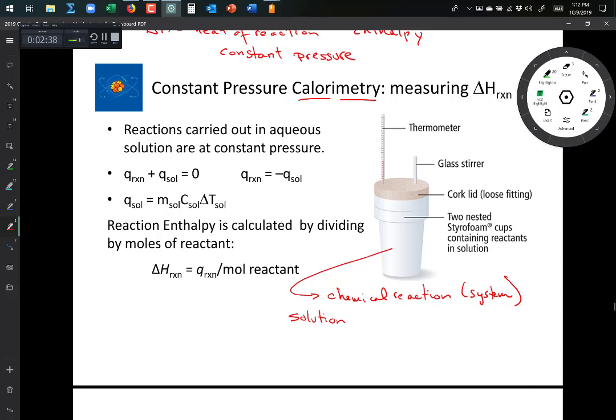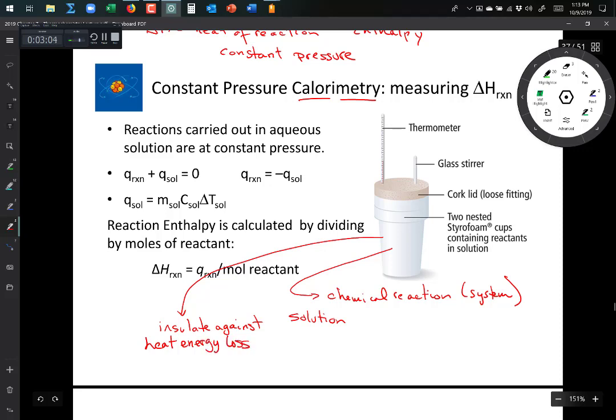And then what we say is that styrofoam cups are insulators. They insulate against heat loss. So heat, and I'll just say energy, just to remind ourselves what that is.